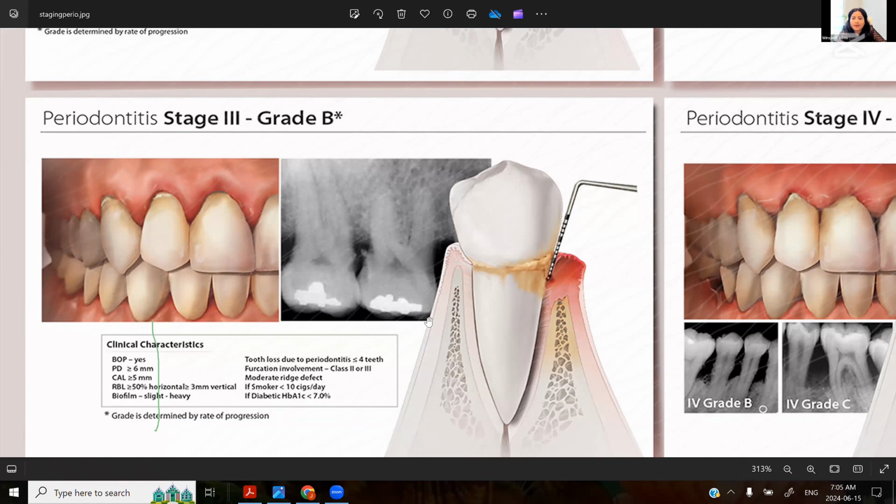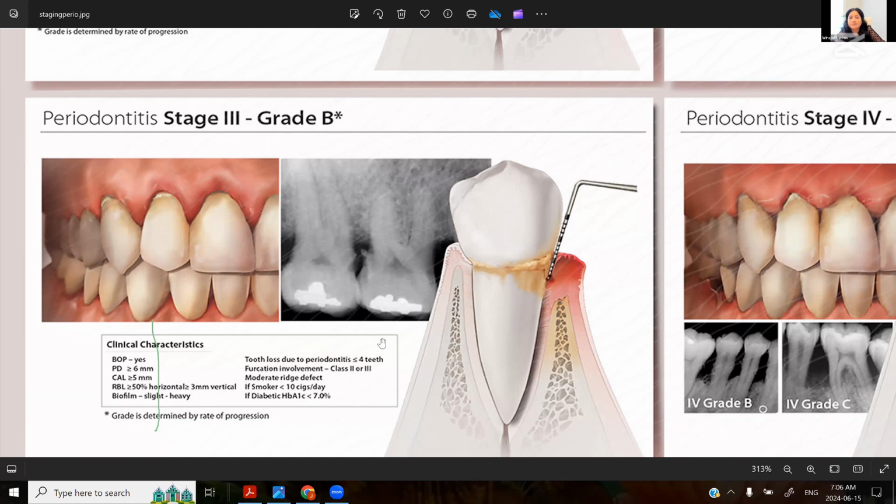And there is probing depth more than 6 mm. Attachment loss 5 or more is your stage 3, right? The deposits would be heavy and the furcation would have been involved, and tooth loss would be 4 or lesser than 4 in the mouth, but there would be tooth loss due to periodontitis up to 4.